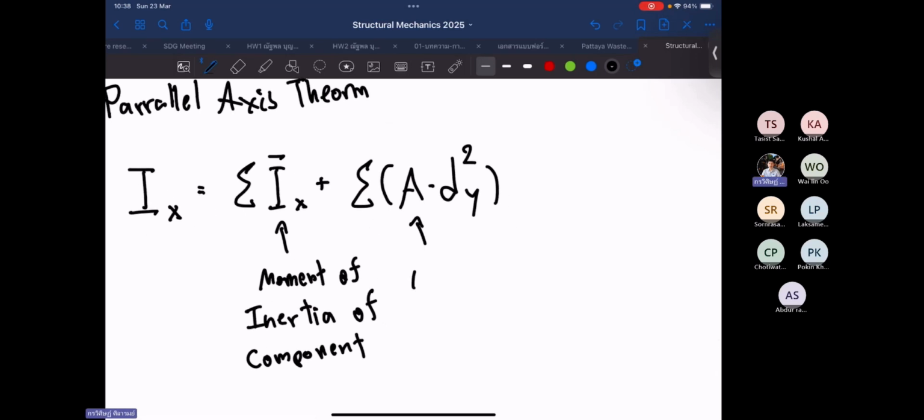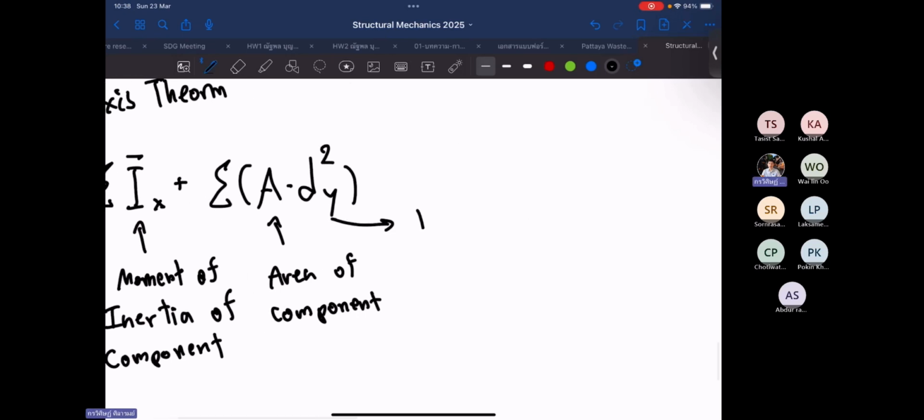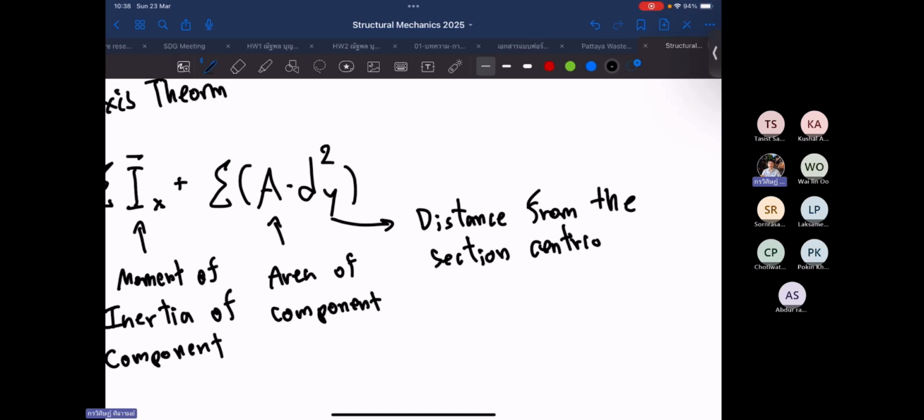A is the area of the component. And dy is the distance from the section centroid to the component centroid.